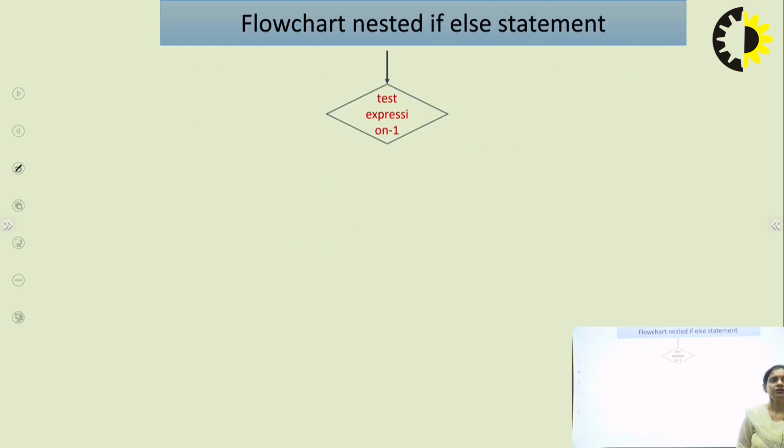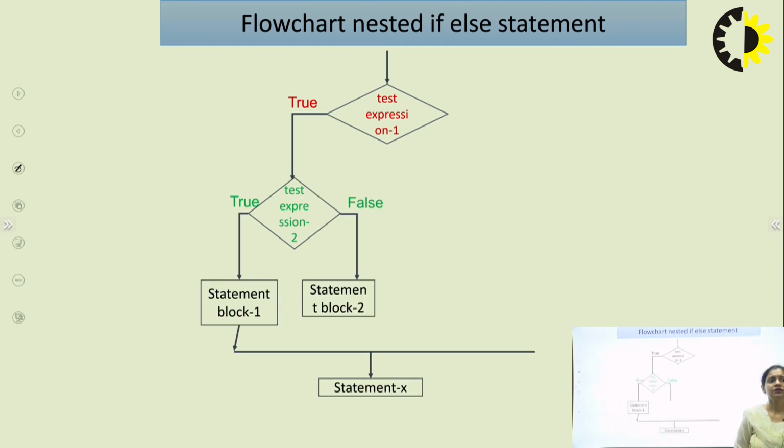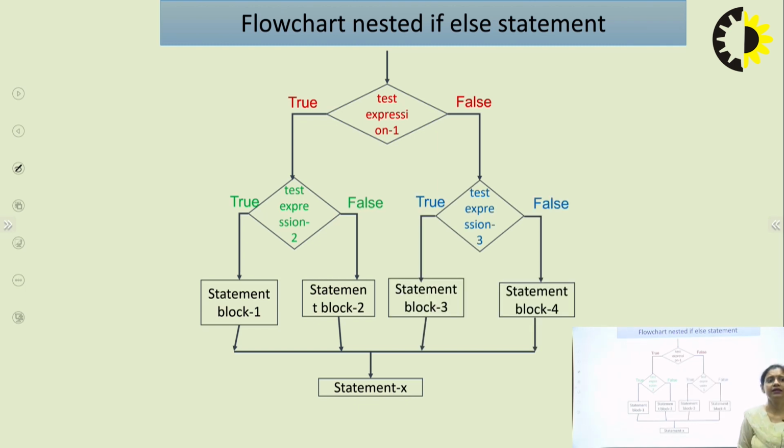So, coming to the flowchart of the nested if else. We have this flowchart wherein both the conditions are checked together and then they result in exiting from the if block. So this is the test expression. It checks if it is true, then another test expression will be checked.